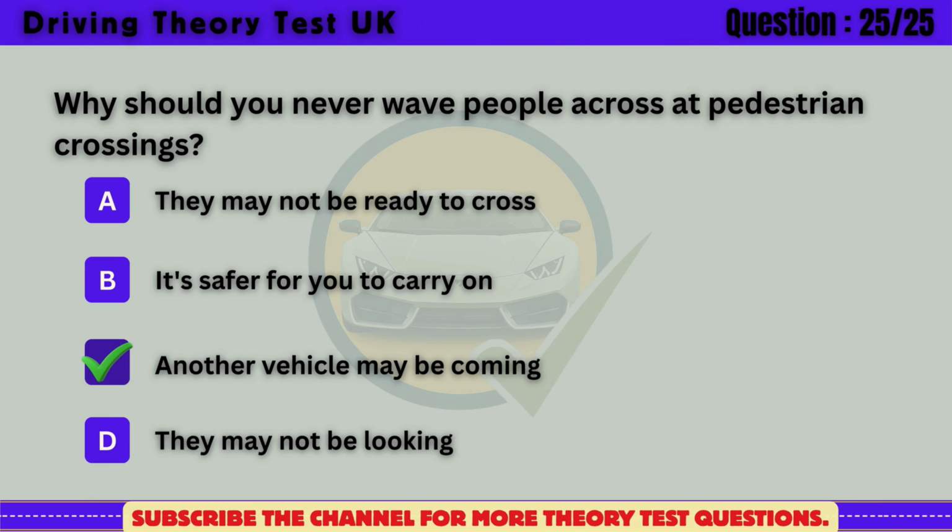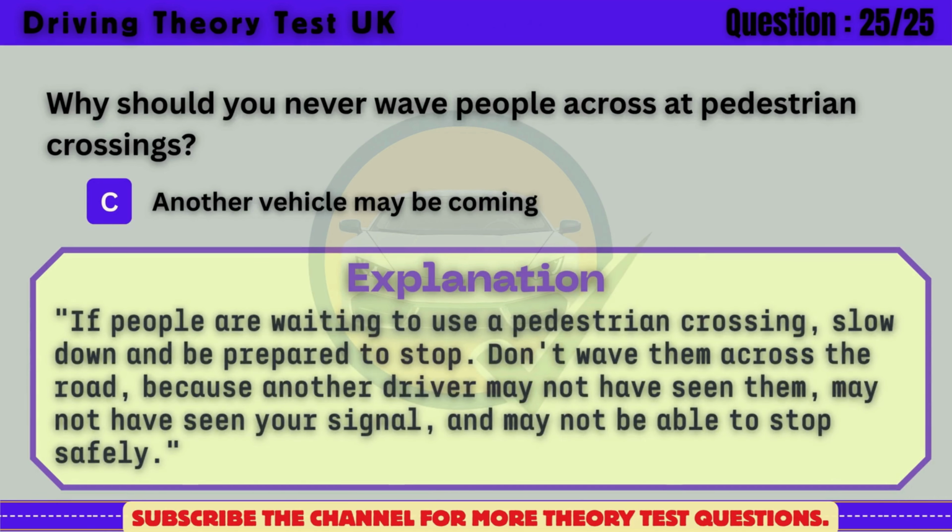Answer was C. Another vehicle may be coming. If people are waiting to use a pedestrian crossing, slow down and be prepared to stop. Don't wave them across the road, because another driver may not have seen them, may not have seen your signal, and may not be able to stop safely.